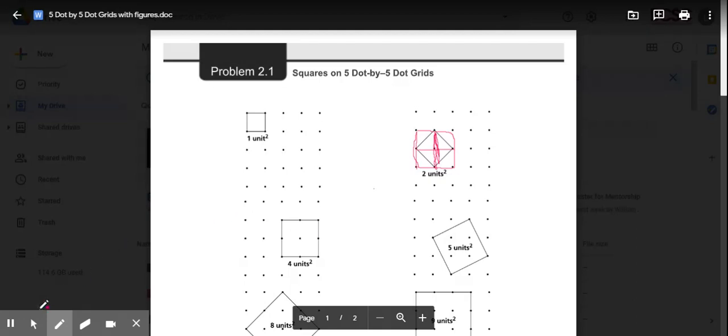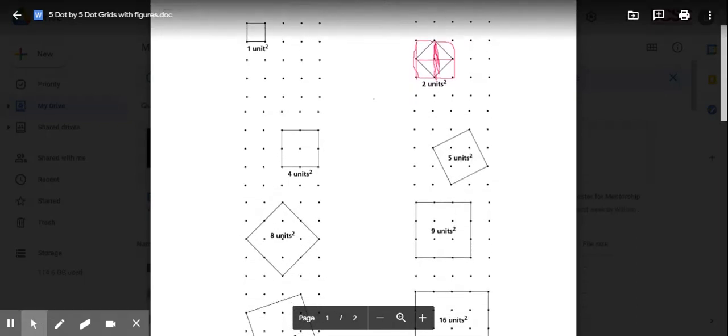So now I'm going to 4 units squared. That one's pretty easy because I can just draw my lines again, and I can count the area. 1, 2, 3, 4. It's the area inside, or 2 times 2, which is 4.